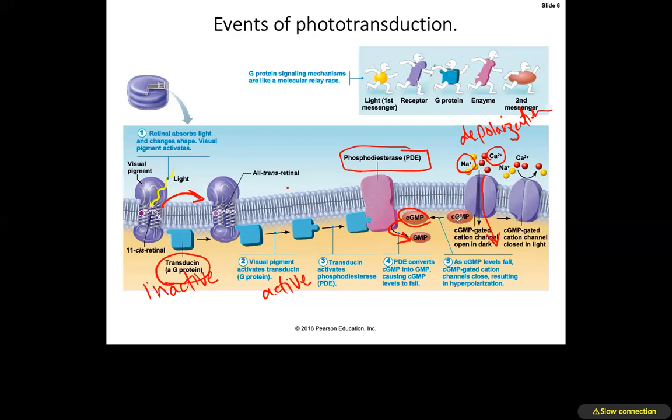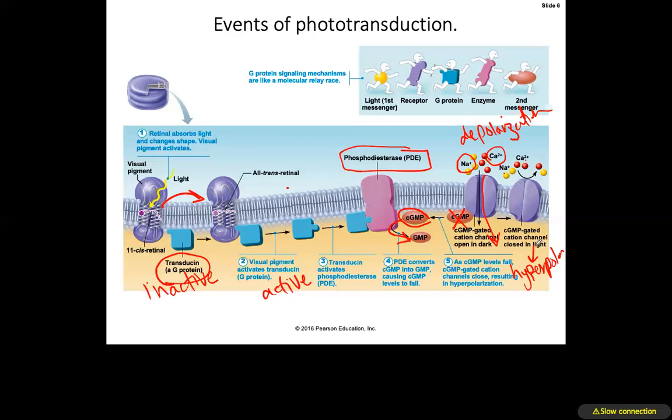However, when cGMP is broken down by your PDE, then that causes this not to be present anymore, right? So that's the scenario, which means sodium and calcium stay outside because their channel is now closed, and that causes what we identify as hyperpolarization.